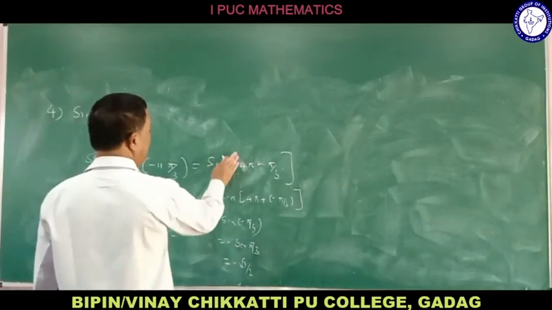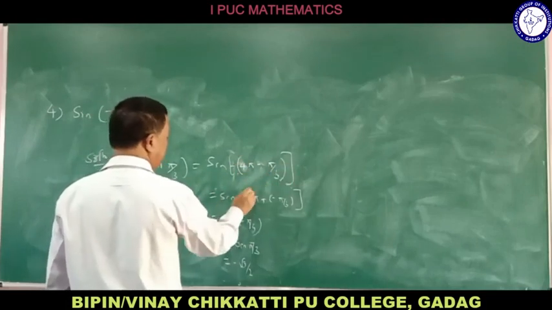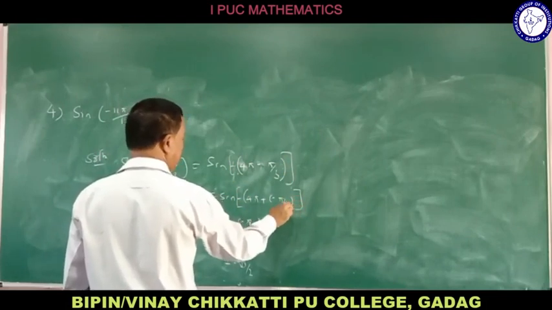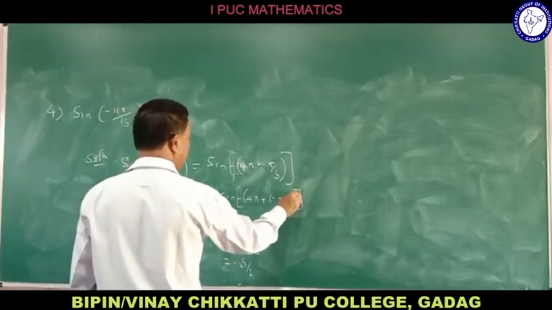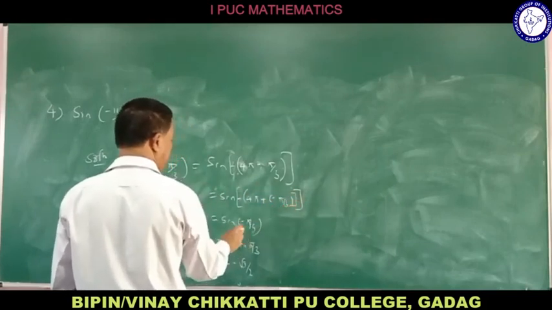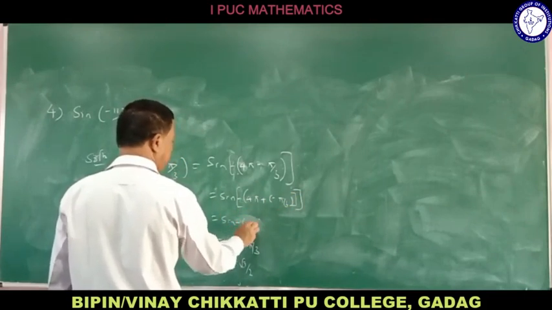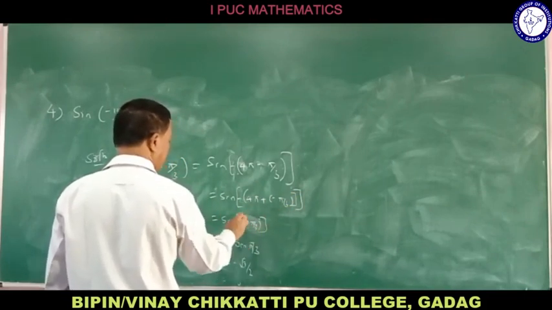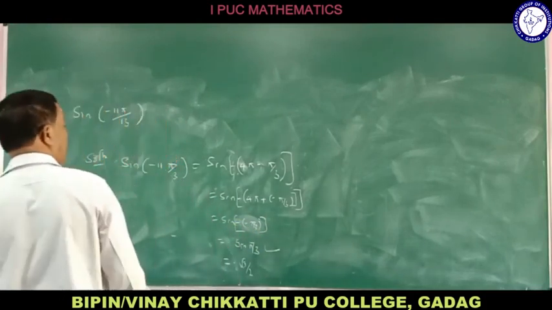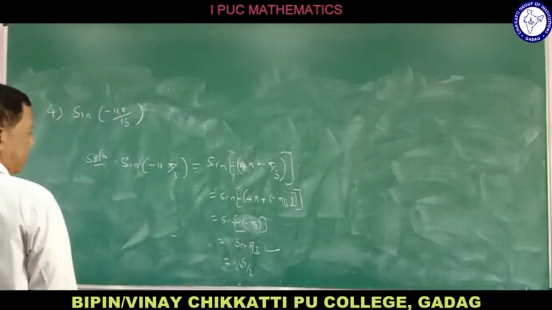So what I do, this is minus 11 pi by 3, and here I have to write keeping minus, and you can write the result here. See this minus pi by 3, and even you see this minus of minus pi by 3, so even you can see that sine pi by 3, so root 3 by 2. This is the way how you can write it, accordingly the result you can see.